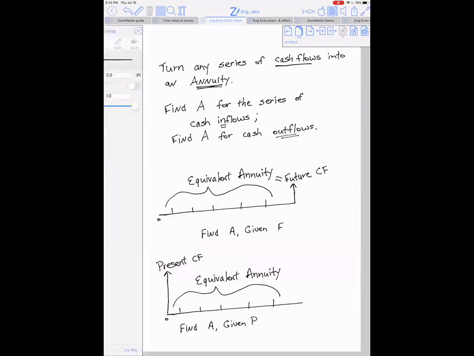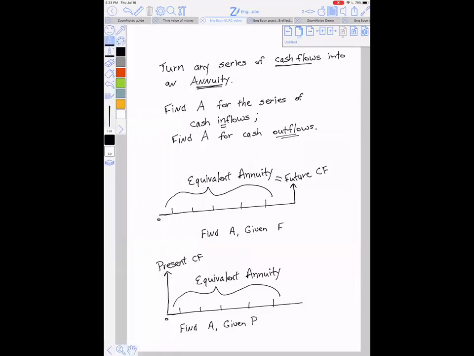So basically, you're going to be finding A for any set of cash flows. They can be cash inflows, cash coming in. Turn that series of cash flow inflows into an annuity, find A, or for cash outflows. Same exact procedure, it doesn't make any difference at all.